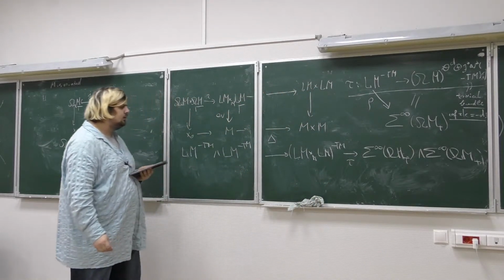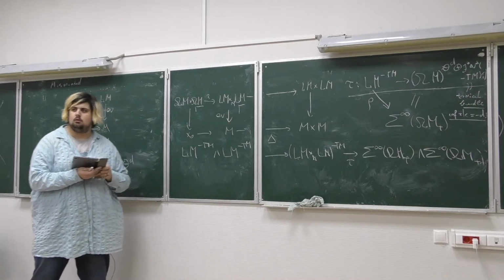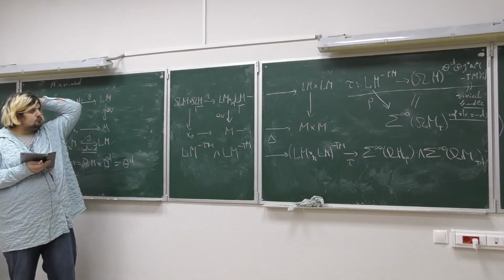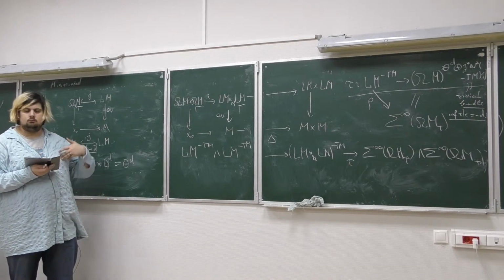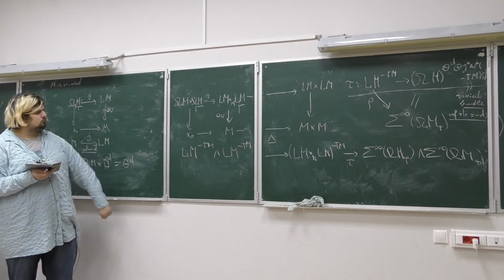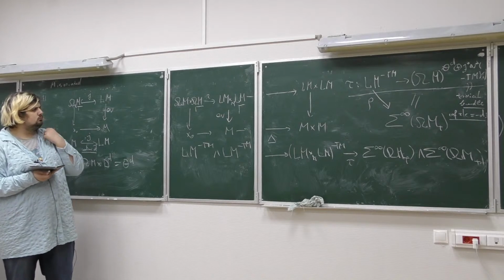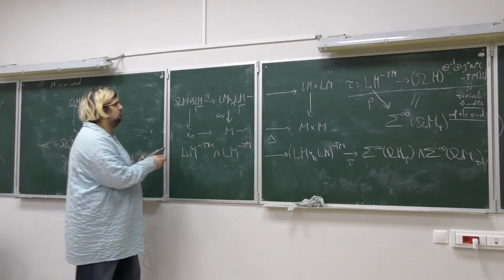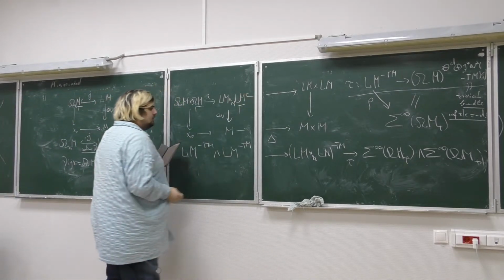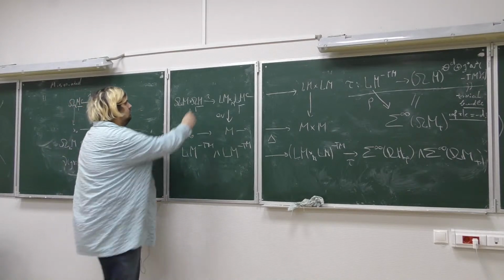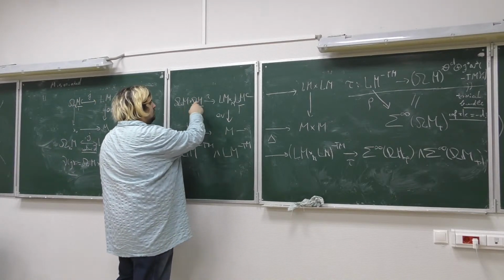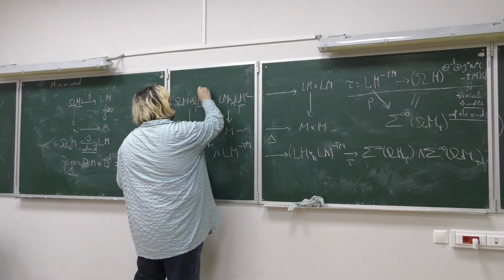Okay, is it clear? So this is basically just constructing a Pontryagin-Thom map from this inclusion here.